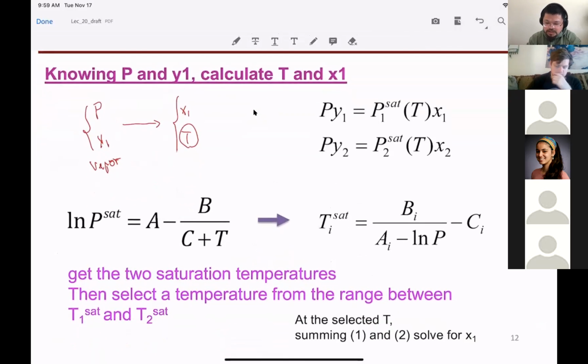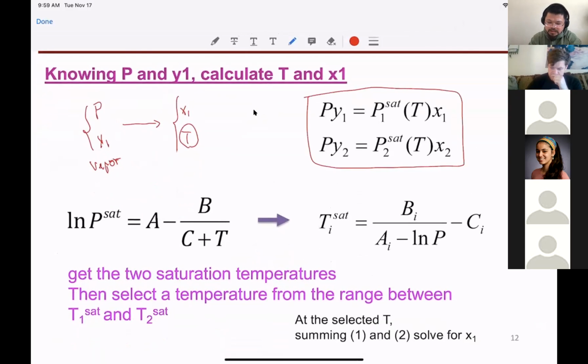So this is always the first equation we try to write down, and at the same time, we are going to have the Antoine equation. It's always available to us. So we know the P total. We know y1, we know y2, but we don't know the P1 sat. We don't know the x1. Of course, x2 is 1 minus x1, and P2 sat is unknown.